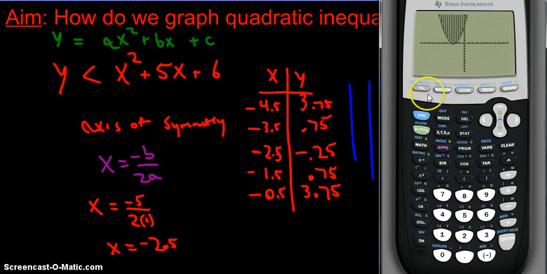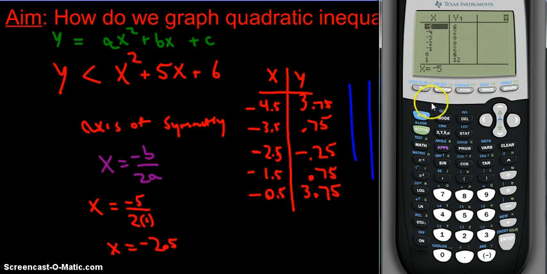Going back, this is y is less than, that line shades above the parabola, this shades below. So that's y is less than the parabola. This is a good look at it. Let's look at the table of values real fast. You'll notice that my vertex is directly between these two values here, because I had partial points.